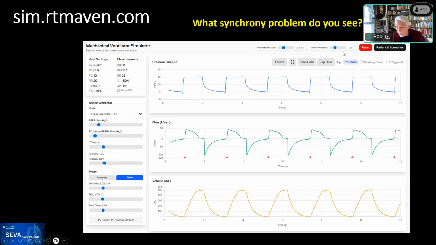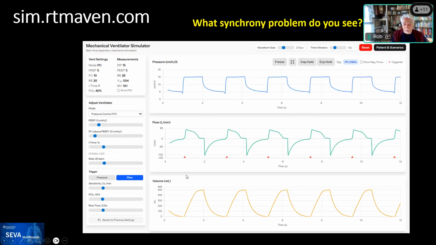We are now in pressure control CMV, or pressure assist control, if you will. So again, if we're in a pressure control mode, your eyes should go to the flow waveform first. You can confirm it on the volume waveform sometimes, but it's very sensitive in the flow.